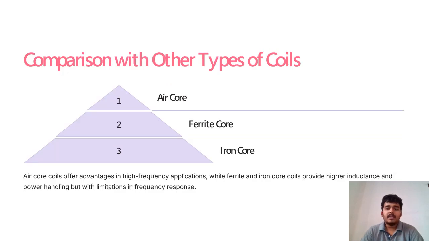And coming to comparison with other types of coils, the air core coil is compared with ferrite core and iron core. First comparison is air core coil and next ferrite and iron core. Air core coils offer advantages in high frequency applications, with ferrite and iron core coils providing higher inductance and power handling, but with limitations in frequency response.